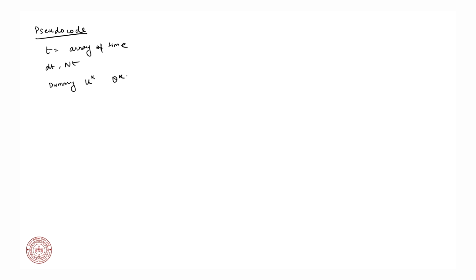You can create a dummy vector of length nt comma 1. So, it is a column vector of nt comma 1, and you fill it up with dummy values. Then you can say that uk for the first value, we know the value is 1, and uk for the second value is equal to uk for the first value.